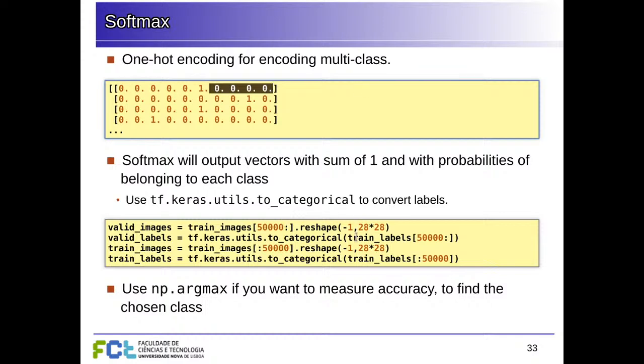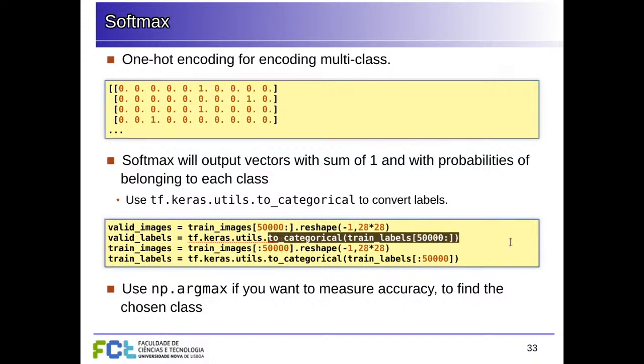So the labels are numbers from 0 to 9 in the data set, but you can use this utility from Keras to convert this into categories with one-hot encoding. It's called one-hot encoding because it's a vector that has zeros everywhere, but a 1 in the position that we're trying to encode. So it only has a 1 and the rest is zeros.